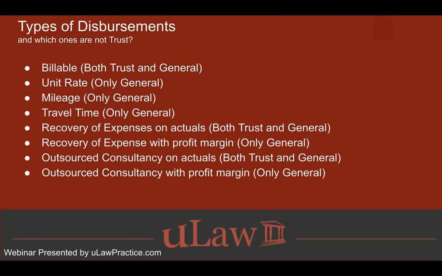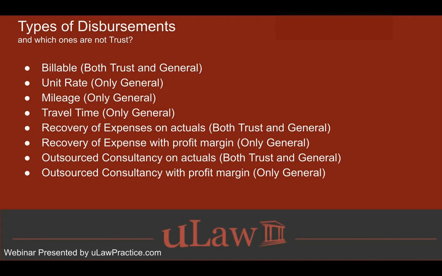So always use general account for any profit, any marked up value, unit rate, travel time. These are all not actuals considerably, because you could say a travel time is 40 minutes while it only took you 30 minutes. So there's no proof, or it's not standardized, if I could put it that way.